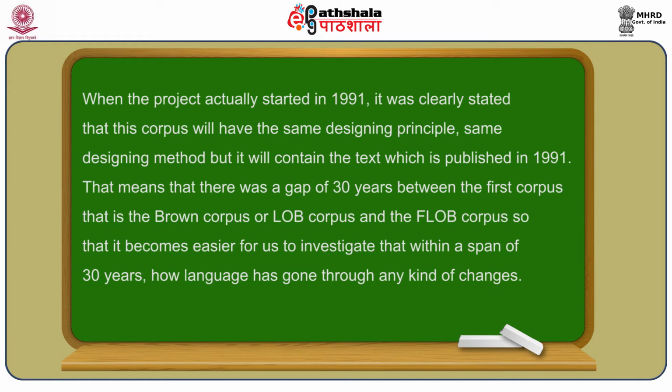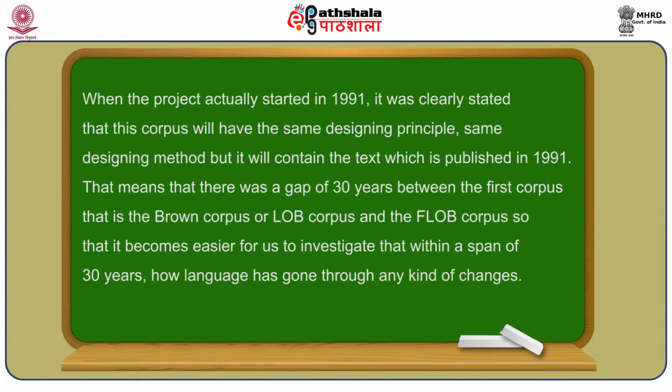When the project actually started in 1991 by a German foundation, it was clearly stated that this corpus will have the same designing principle, same designing method, but it will contain the texts which are published in 1991.